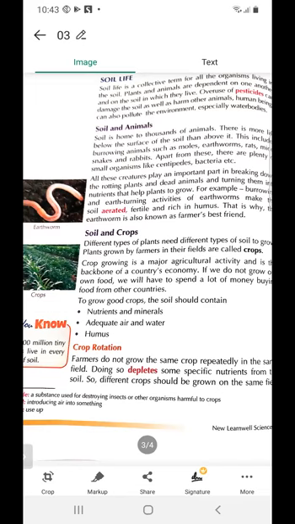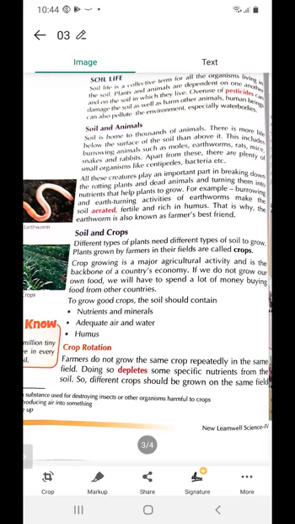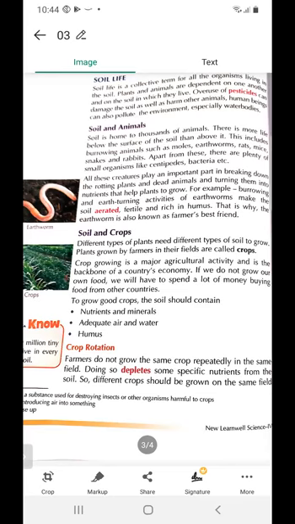Which types of organisms live in the soil? For example, earthworms, bacteria and centipedes. So what do you mean by soil life? It is a term given to the organisms living in the soil.